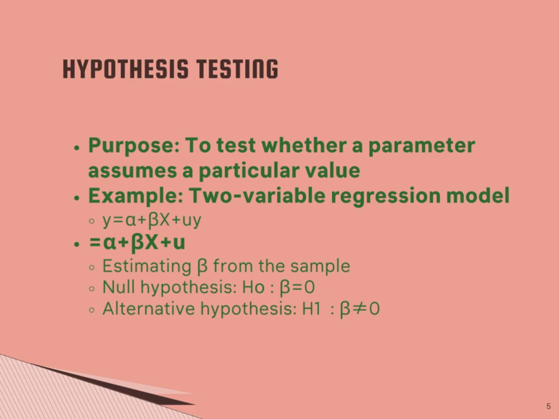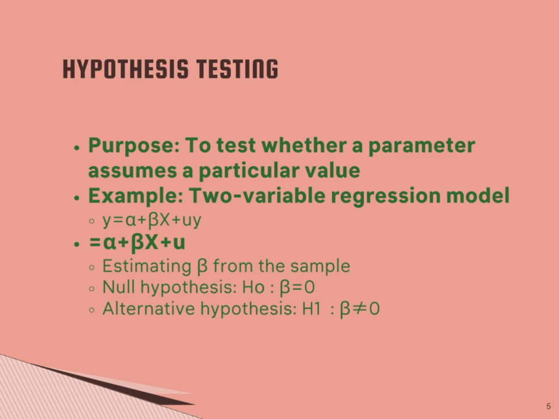There are some steps in hypothesis testing, which are stating the null and alternative hypothesis, choosing the significance level alpha, calculating the p-value, and then, if the p-value is less than or equal to alpha, we reject the null hypothesis, which means evidence supports the alternative hypothesis.